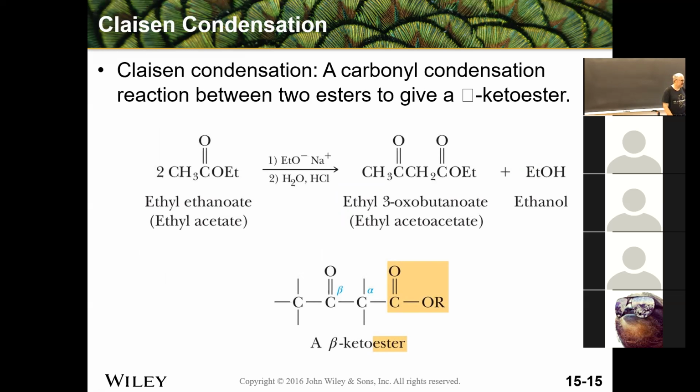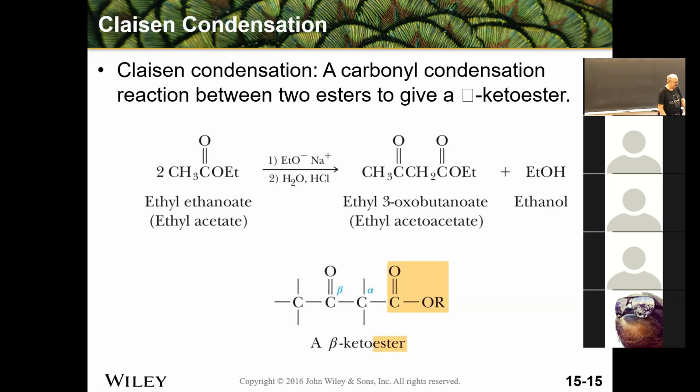All right, the difference between an aldol and a Claisen condensation is that a Claisen condensation involves an ester. Here we have two equivalents of an ester. This is ethyl ethanoate.